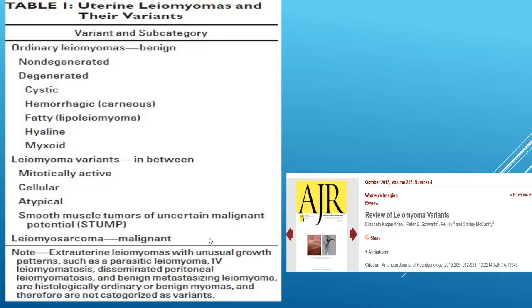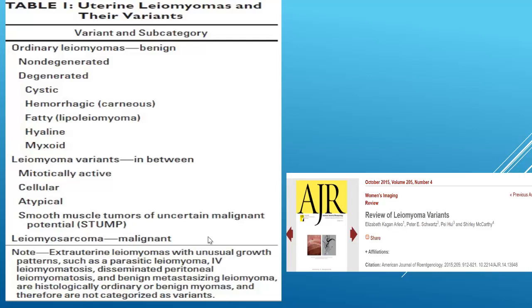And then we came to the problematic cases, the leiomyoma variants, the uterine leiomyomas and their variants. We have the ordinary leiomyomas, benign, non-degenerated, degenerated, cystic, hemorrhagic, fatty, lipoleiomyoma, hyaline and myxoid degeneration.